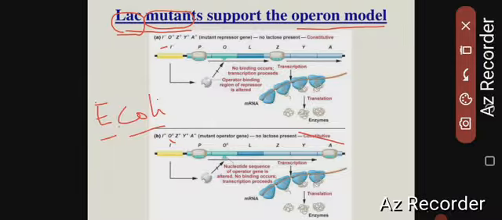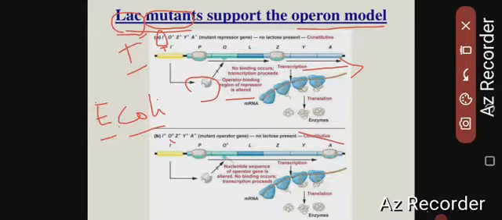If the mutation happens in the lac I gene, here I negative, it means the repressor is not getting formed properly. You can see the repressor here. The operator binding region of the repressor is altered, so no binding occurs and transcription will proceed further.